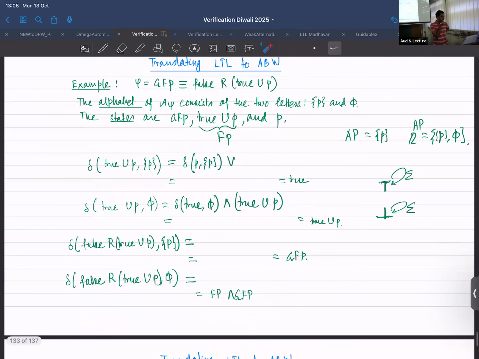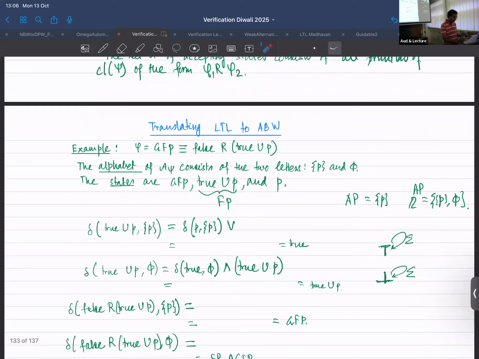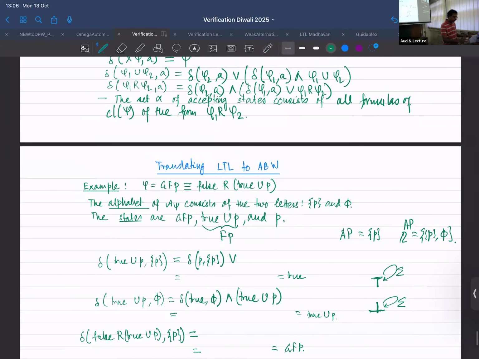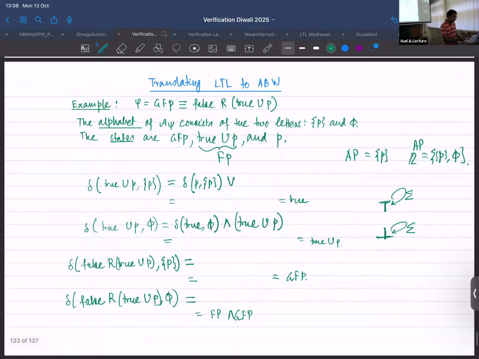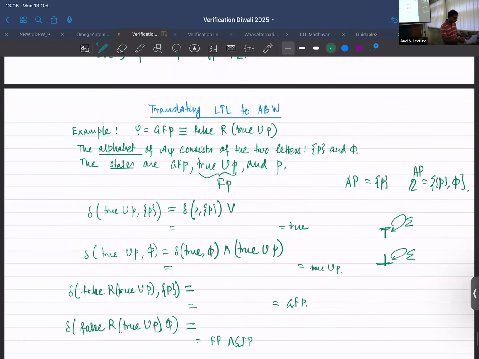Okay. Now let's look at the last transition. If you have false or true, this is the entire formula, the psi, and then you have the empty set as the letter. What do you get here? This is again delta of true until p phi, which is true until p. So we have true until p.